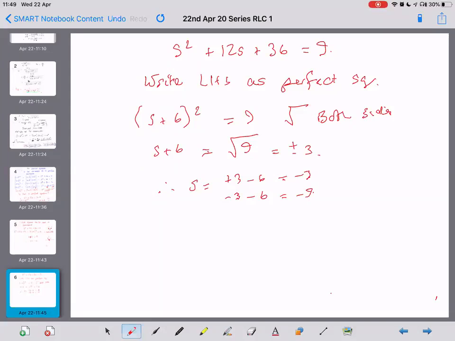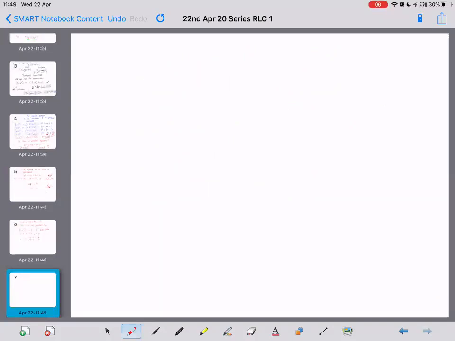What about this one? s squared plus 10s plus 12 is equal to 0.